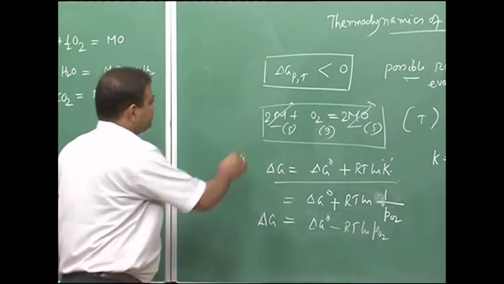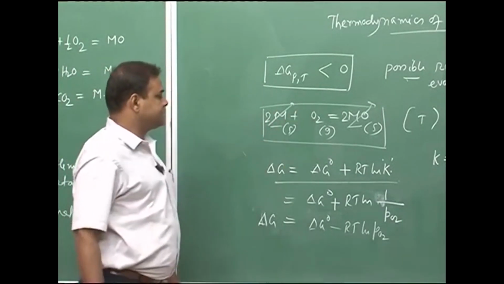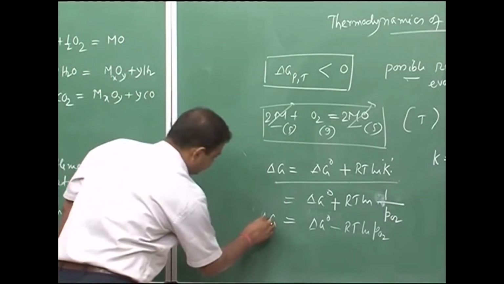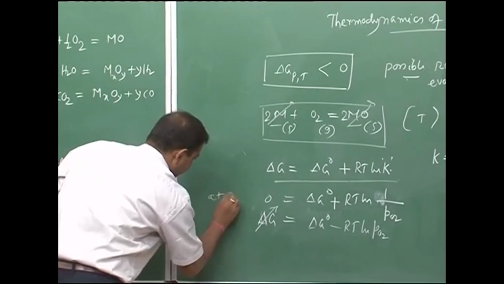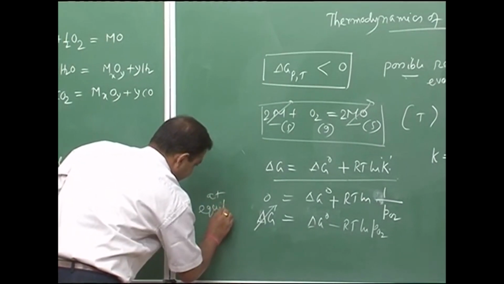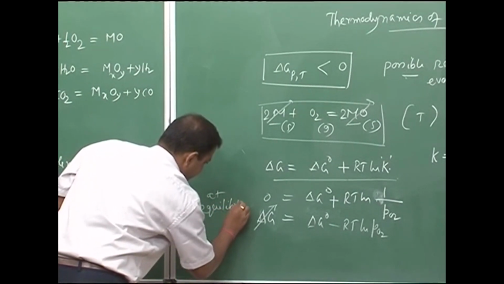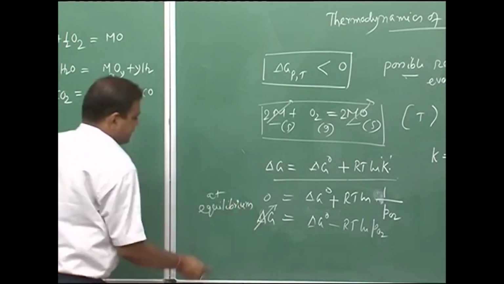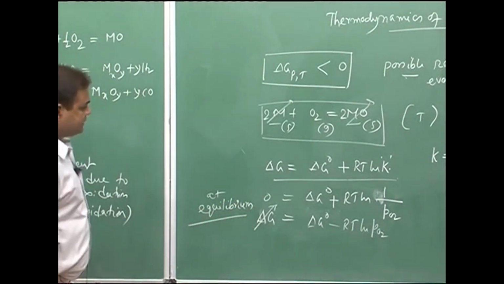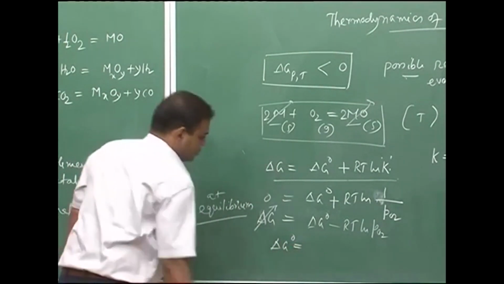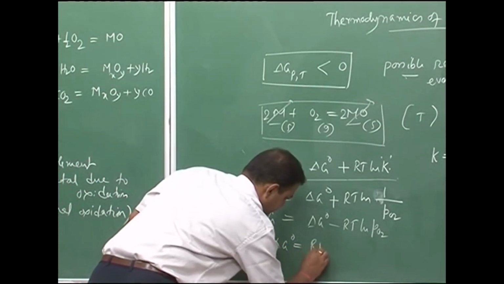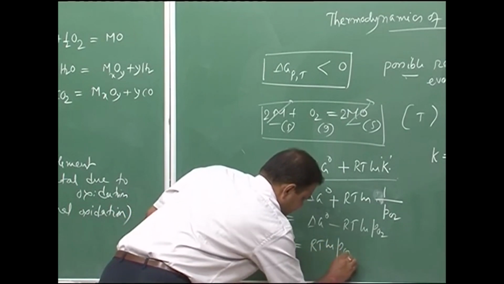Now, if the reaction reaches equilibrium, this goes to 0. So at that time, del G 0 comes out to be RT ln PO2.